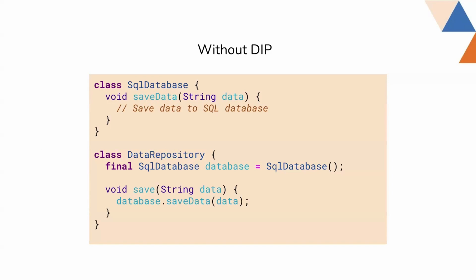In this example, which doesn't follow dependency inversion, there is a class at the top, SQL database, with a method save data. In the bottom you see the class data repository, which has an object database, basically representing the SQL database class. And we are using this save data method inside the save method in the data repository.